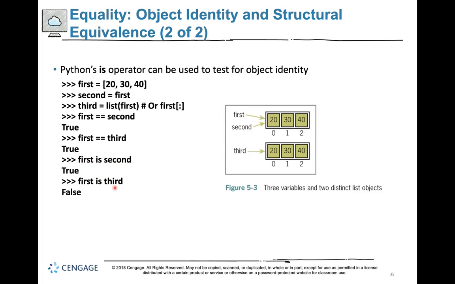Now first is not third. They point to different objects, even though the content is the same. Because is compares the object identity. Are they pointing to the same object in the same location? In fact, it just compares if they're in the same location. Now, if you use the equals operator like this, it is comparing the structure. Do they contain the same elements? Are the elements equal? So this is the difference here.